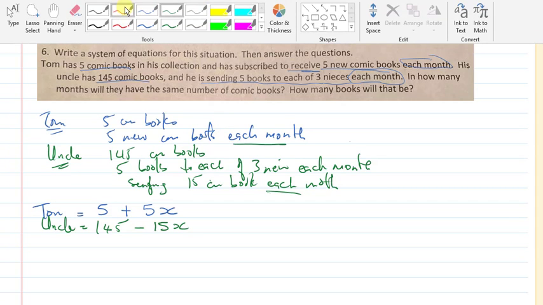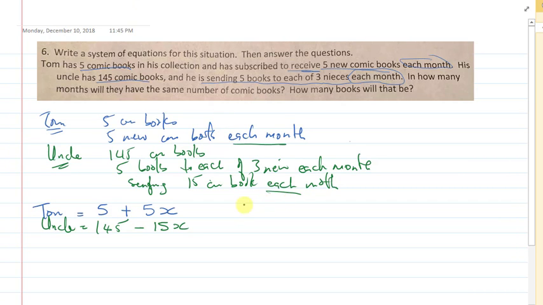So this question requires us to conceptualize that Tom's number of comic books has to equal his uncle's. Good.